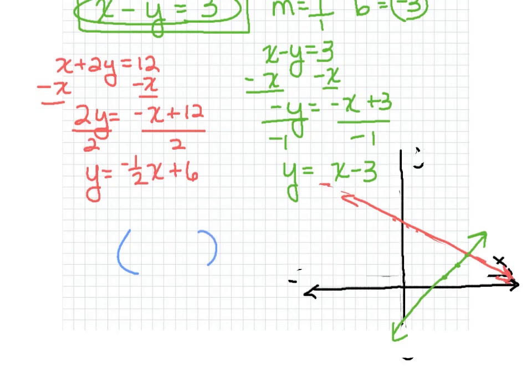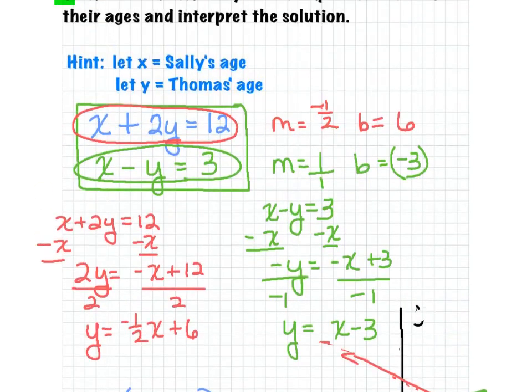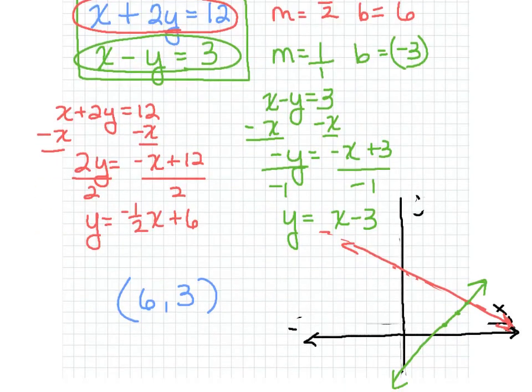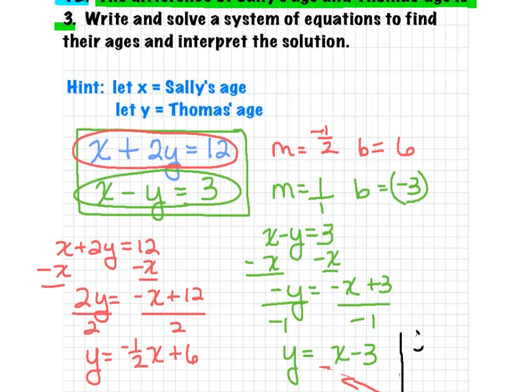It's where x is 6 and y is 3. So, go back to the original question. X is Sally's age. So that means that Sally is 6 years old. And y is Thomas's age. That means that Thomas is 3 years old.